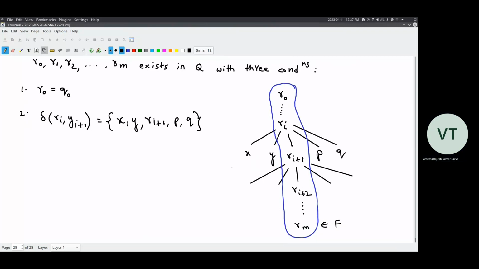So how do I modify this condition without worrying about the siblings of Ri plus 1? I know Ri plus 1 is a child of Ri. I don't know about other children. This I want to capture as a rule. How do I do it?